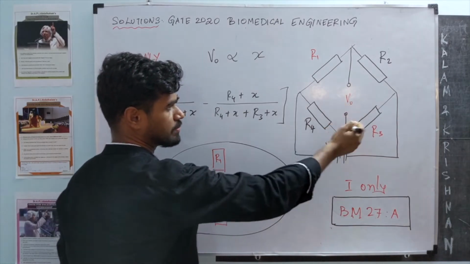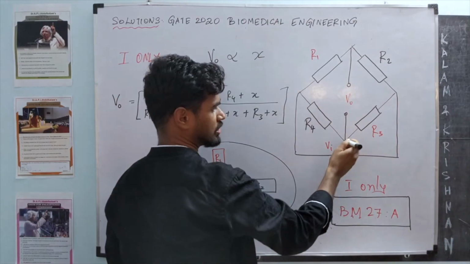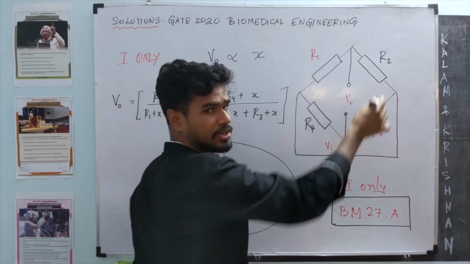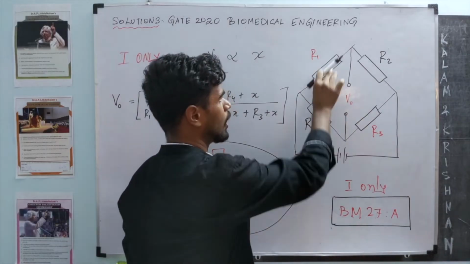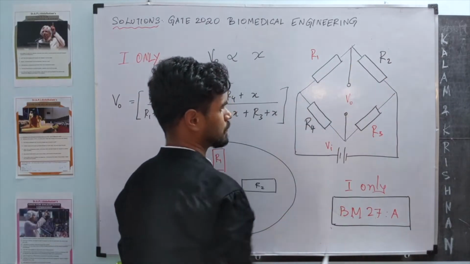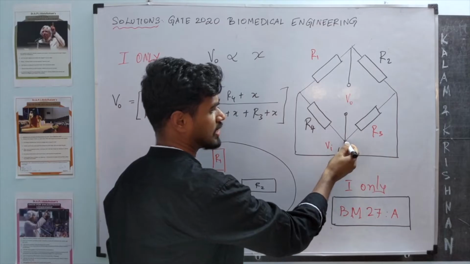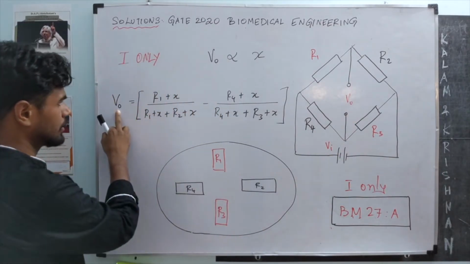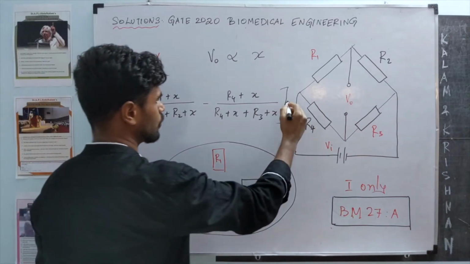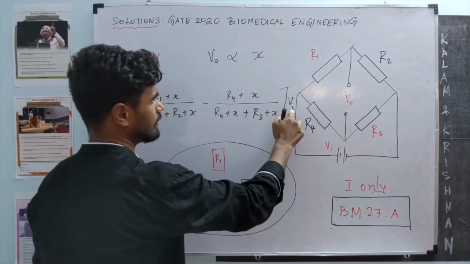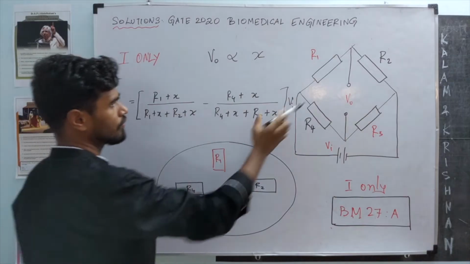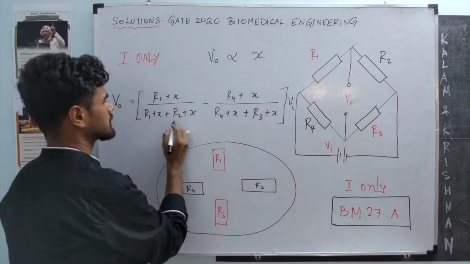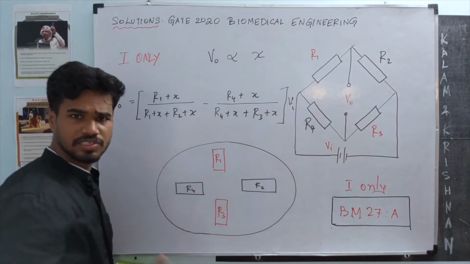Okay, V0 is nothing but the difference between the potential here and the potential here. Can you find the potential here? Yes, we can use the voltage divider rule, right? R1 by total resistance, R1 plus R2. Similarly, we can write the potential here and take the difference between them. So V0 will be the difference between 2 voltages. First, take Vi, split it in the ratio of R1 plus X by the whole resistance, R1 plus X plus R2 plus X, where X is a change in resistance.